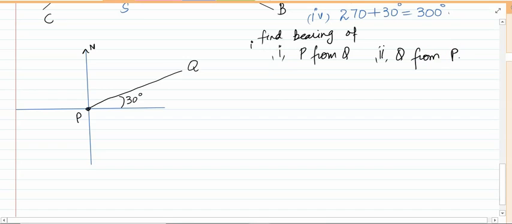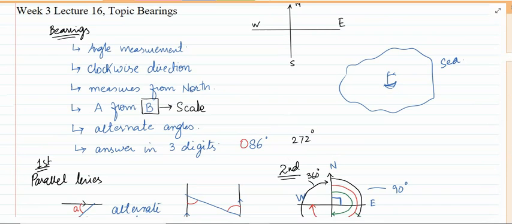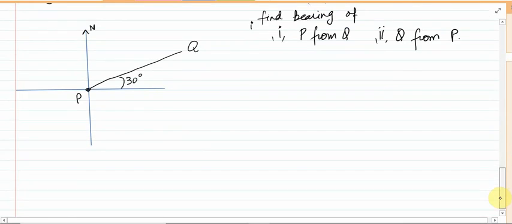Now there is a difference. Keep in mind that whatever word is written after the word from, you need to plot the scale on this point, right? Now come back to our question.